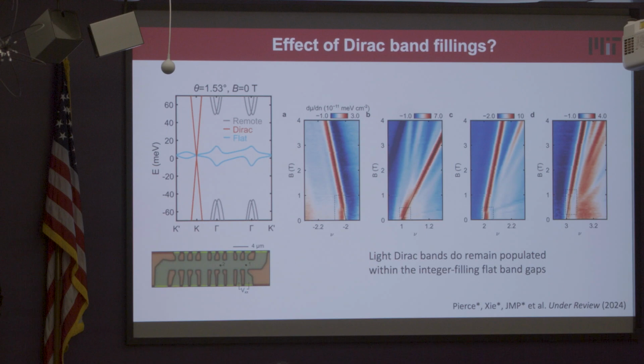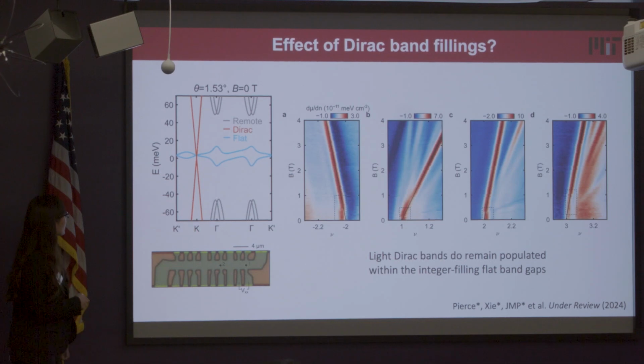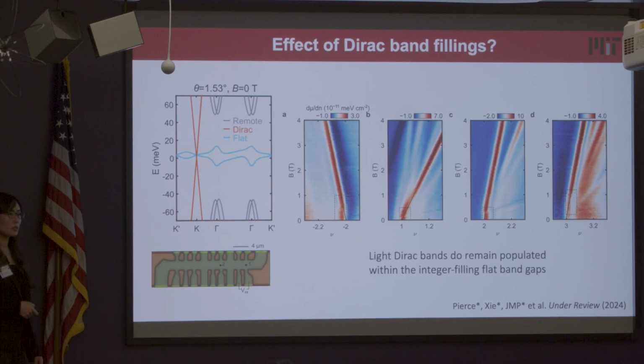And more recently, just as a quick note, not going to go into the details, we've looked at the magic angle twisted trilayer graphene system a little bit more closely with precise local probes. And we find that we were sort of ignoring the presence of this Dirac band at zero displacement field, right? We were only considering the flat band, what's going on in the flat band, and so on.